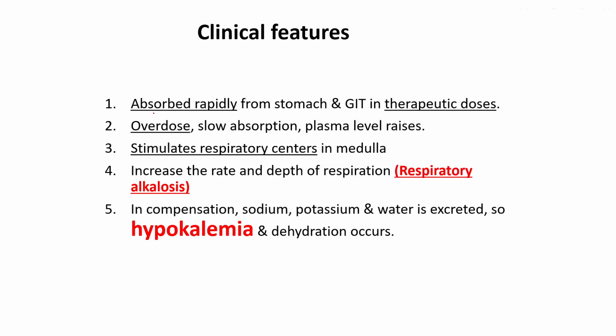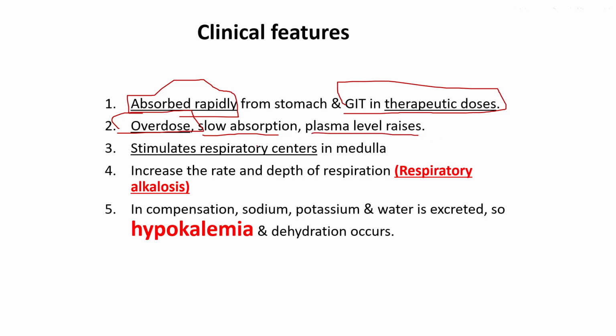The clinical features: it is highly absorbed from the GIT only when using a therapeutic dose. However, in overdose conditions, its absorption becomes very slow, because the plasma concentration saturates. It highly stimulates the respiratory center inside the medulla, which leads to respiratory alkalosis.